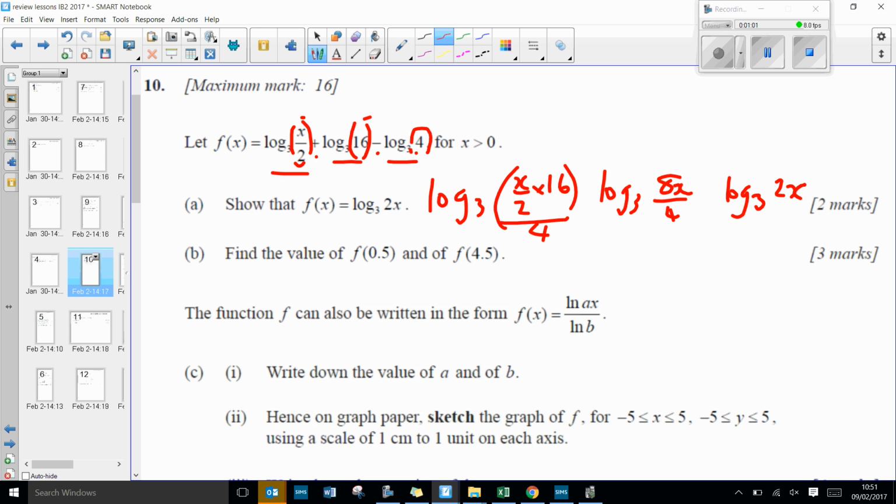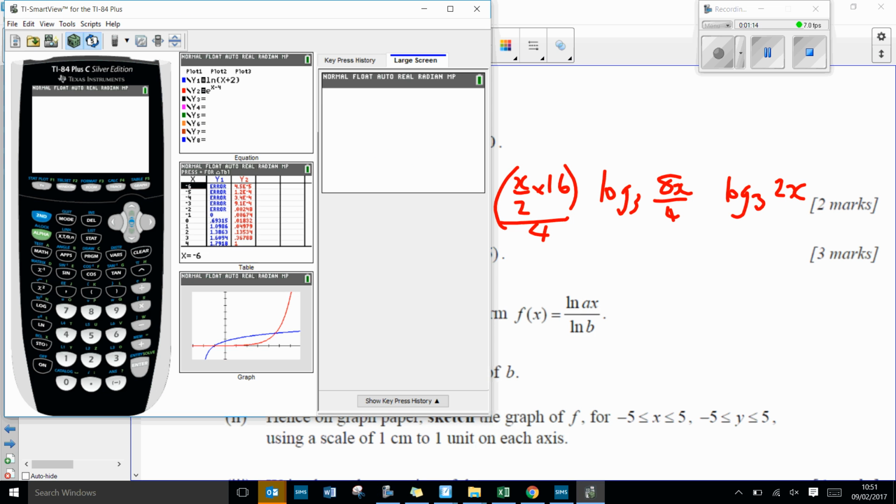Find the value of f(0.5), f(4.5), so we just have to stick those values into the calculator. So we've got a different base, so we need to go into math, log base.